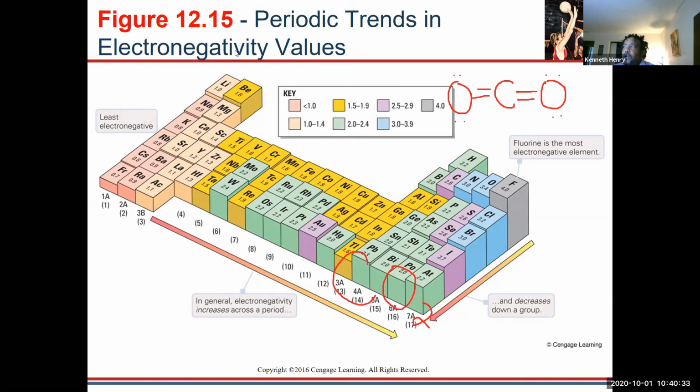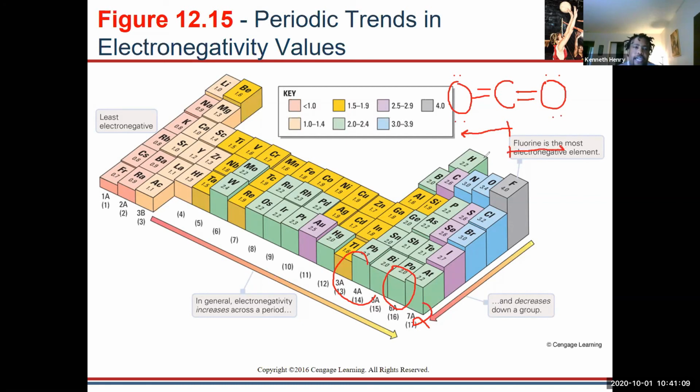Now, if we looked at these two, we know that oxygen is more electronegative than carbon. So the electrons are going to be spending more time around the oxygen than around the carbon. So we would have a dipole moment going in this direction. The same thing is happening over here with the other oxygen, so we have a dipole going in the other direction.